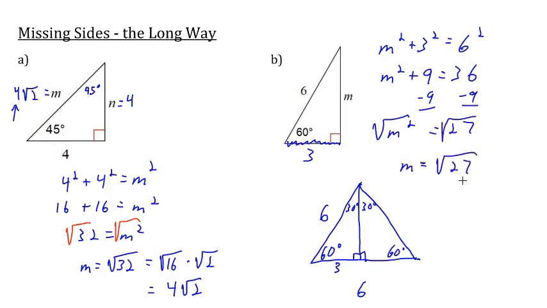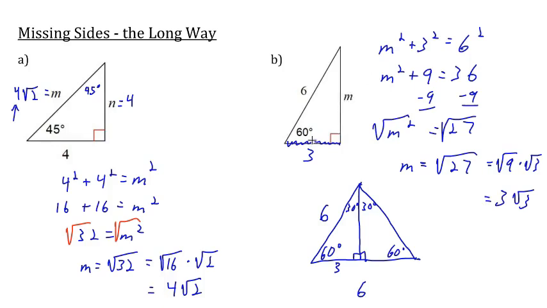Now, once again, we can factor out a perfect square from 27, because 9 times 3 equals 27, and 9 is a perfect square. So the square root of 27 equals 3 times the square root of 3. The square root of 9 turned into a 3, and the square root of 3 just tagged along.